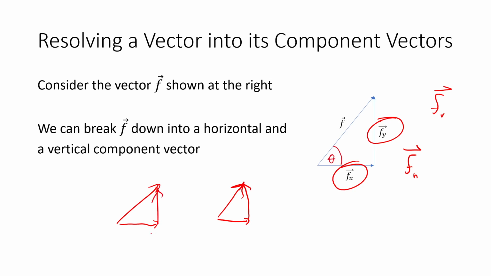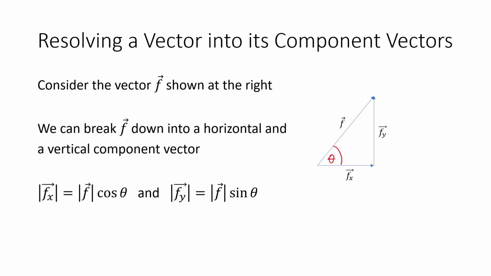What's the advantage to this? The advantage is sometimes when we're adding numerous vectors, it can make our life a little easier if we break each one of them up into these horizontal and vertical components. So going back to our original question, it's a straightforward SOHCAHTOA opportunity. Cos theta is going to equal the magnitude of Fx over the magnitude of F, adjacent over hypotenuse.